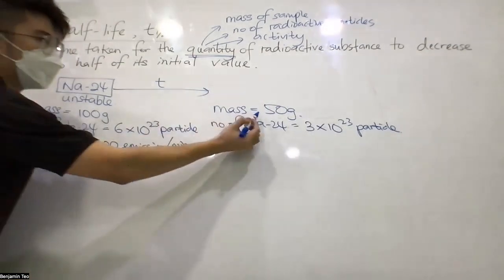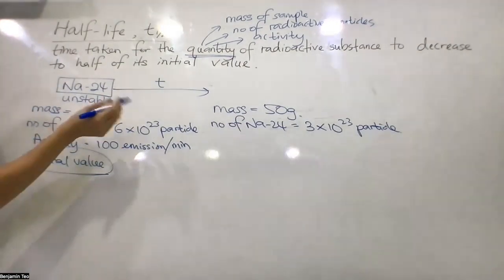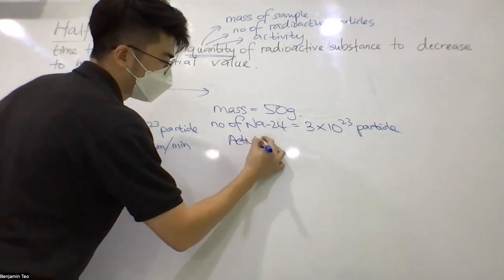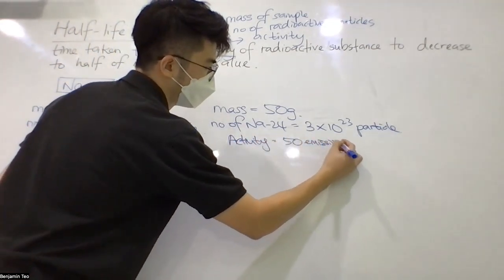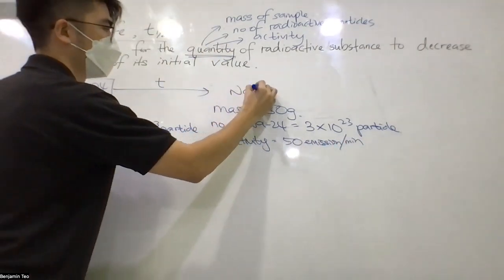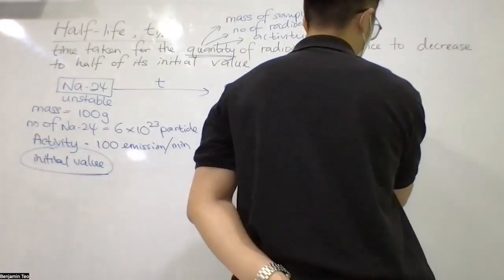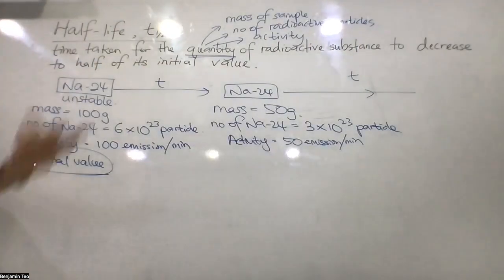So I notice that not only the mass, the number of particles also follows half, and the activity also follows half. So 50 emissions per minute. This is after a certain period of time t. Then again, after the same period of time t, I go back and measure.